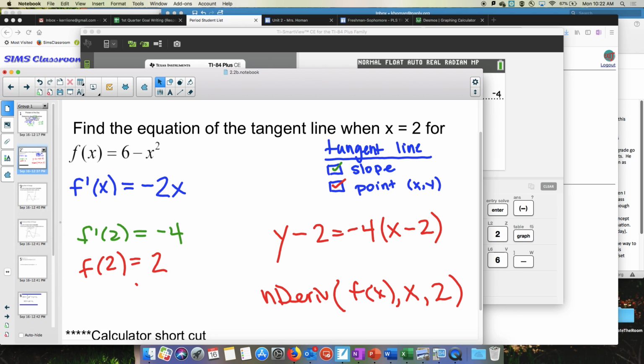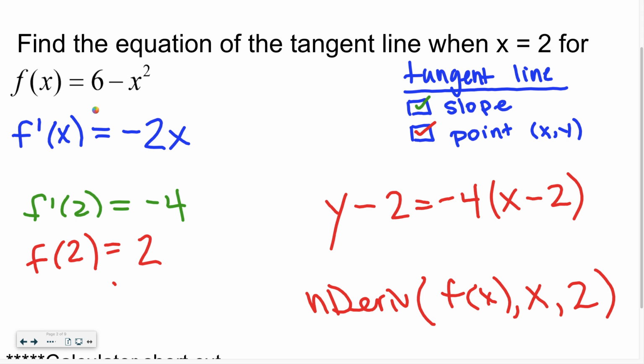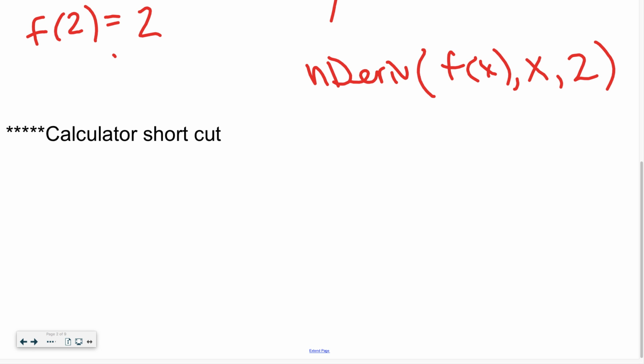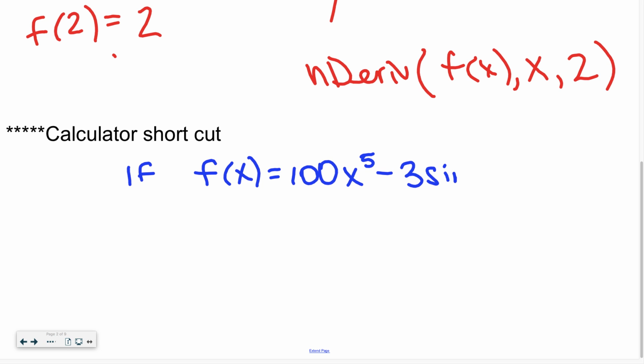Okay, so let's try another one. How about you find the derivative, find f prime of 3.